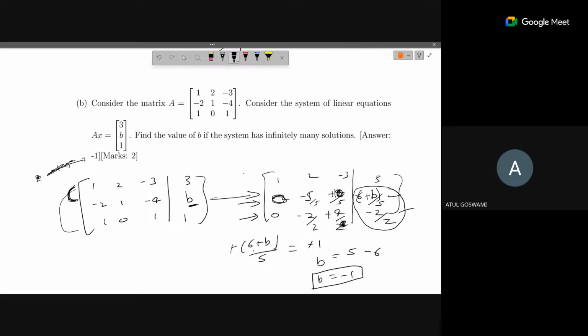This is the only condition. And if you solve further and you get the entire row 0 here, then whatever term is here will also be equal to 0.